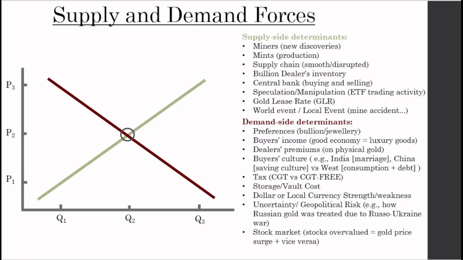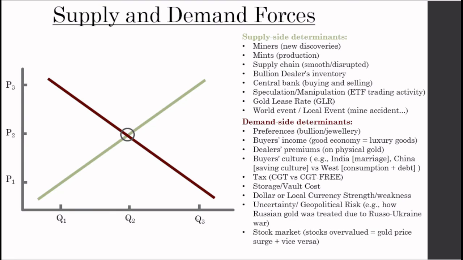When the local currency or when the dollar is weak, then typically that causes demand for gold to increase, which then causes the price to rise as well. However, when the currency gains strength, what happens is the demand for gold drops, and the gold price decreases.